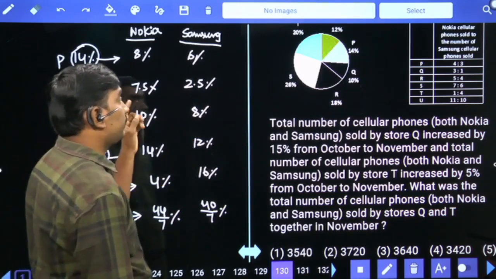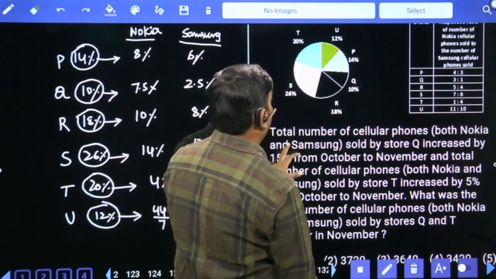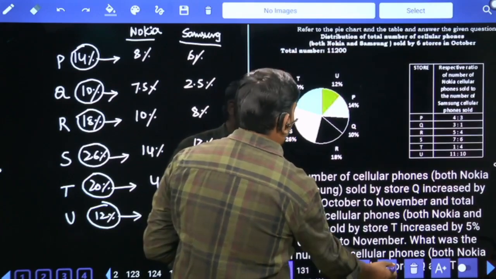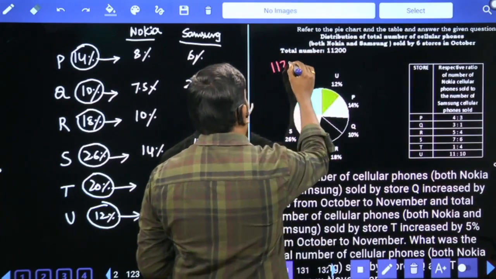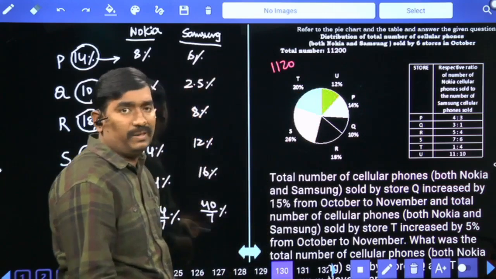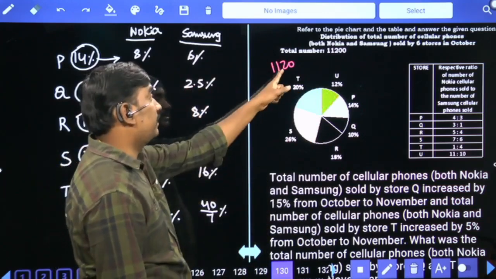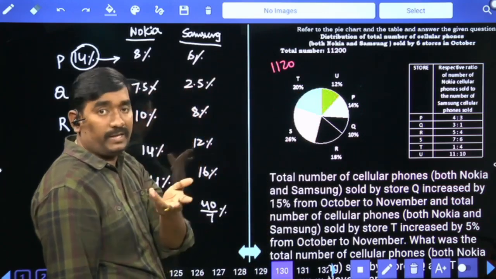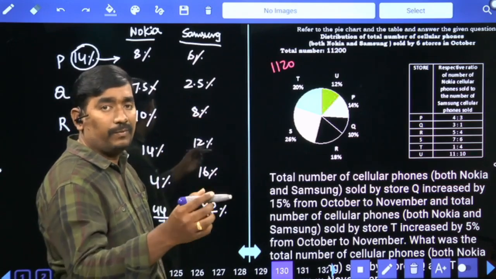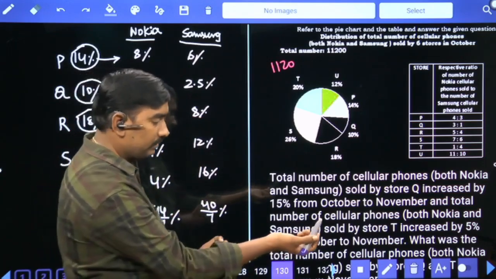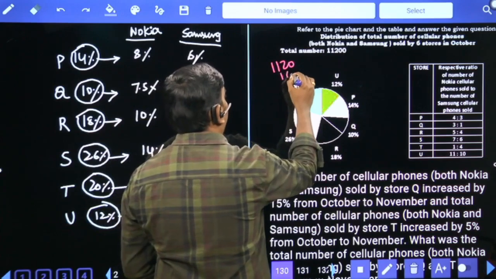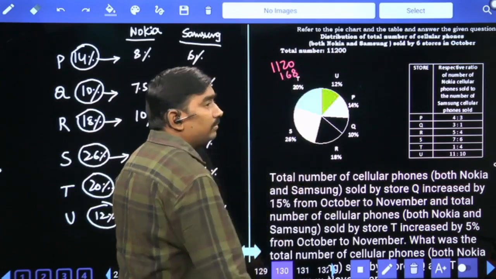So store Q is 10%, so 10% means 1120. This 1120 increased by 15%. So 10% value 112, 5% value 56, 112 plus 56, 168 increase.